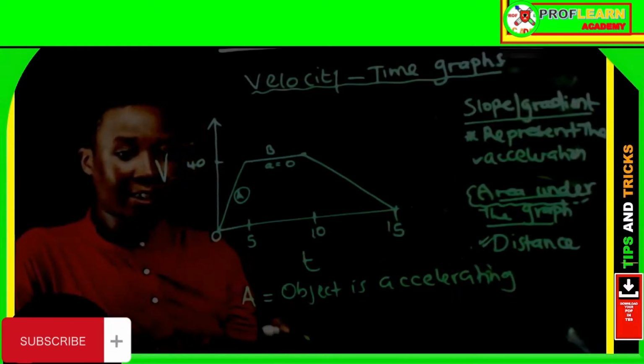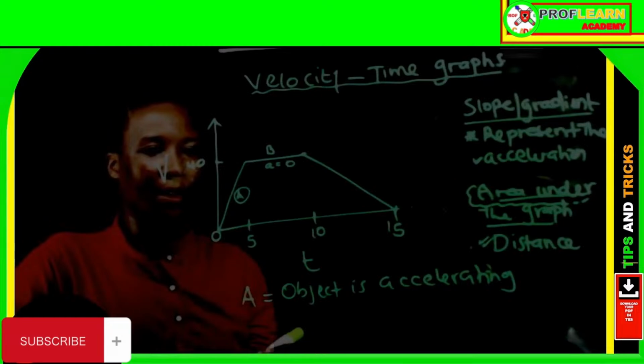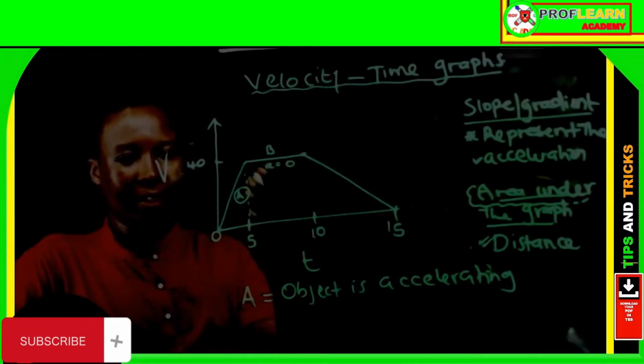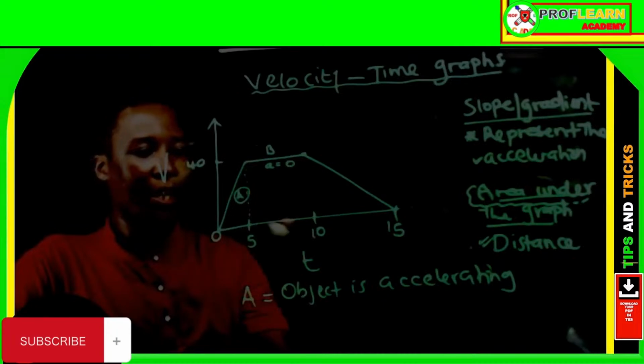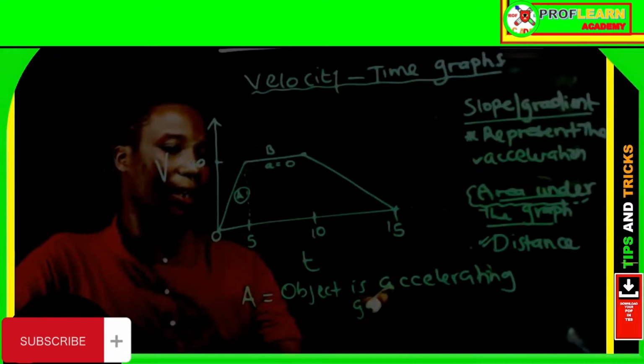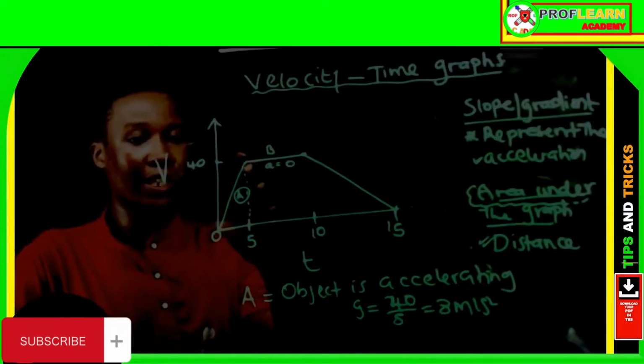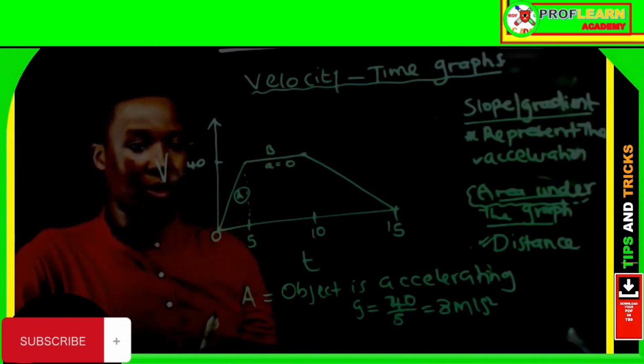And if you are asked to work out the value of acceleration, you are going to work out rise over run. Our rise is 40, our run is 5. So the gradient is going to be 40 divided by 5, and this is going to be 8 meters per second squared. That's the value of the acceleration at this given region.